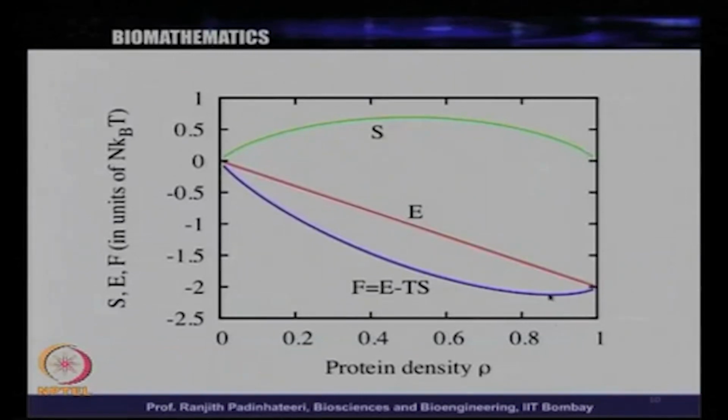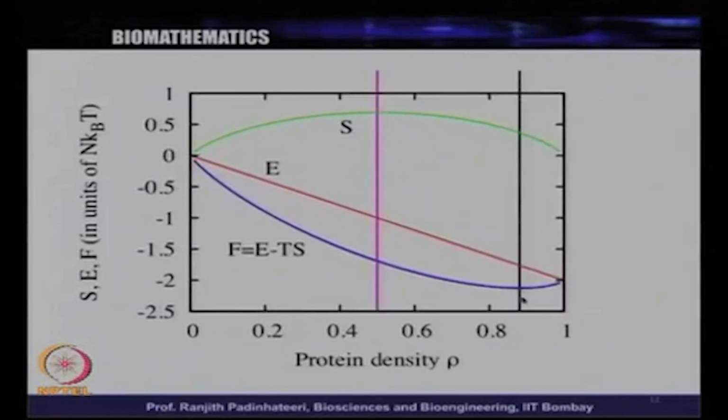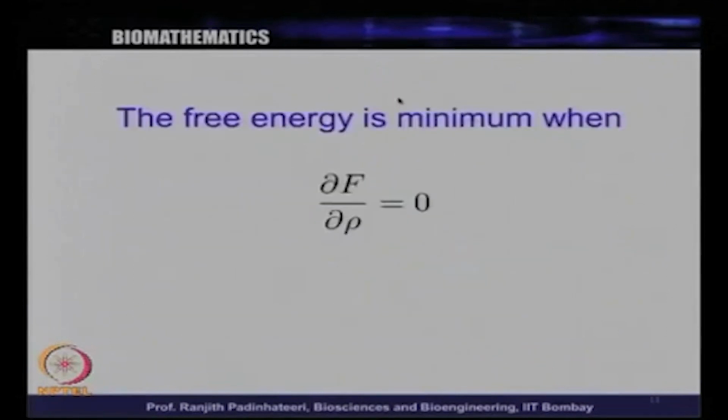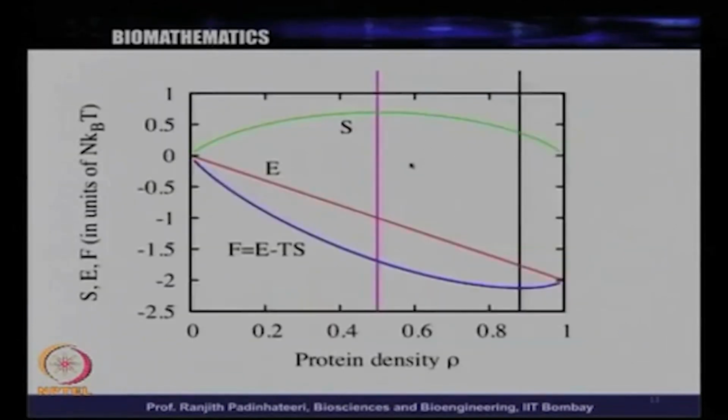So, by just looking at the plot, we know that energy is minimum here, entropy is maximum here, and the free energy is this. Here, a particular value of epsilon is what is plotted. This plot is for epsilon equal to 2.